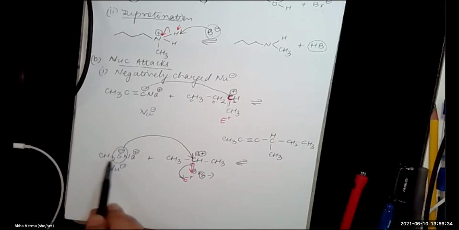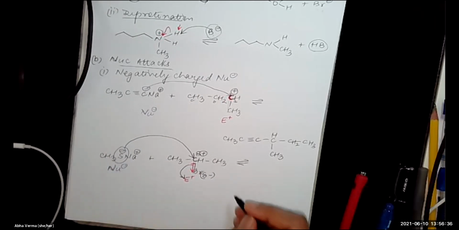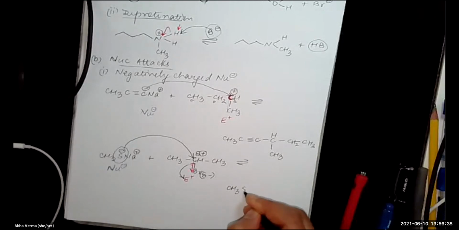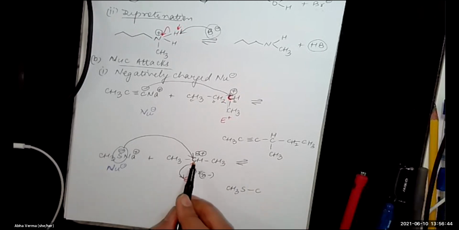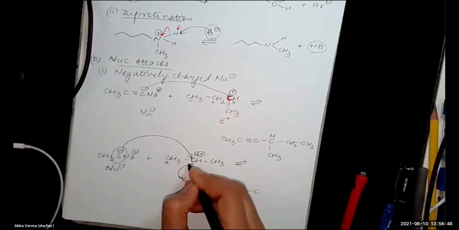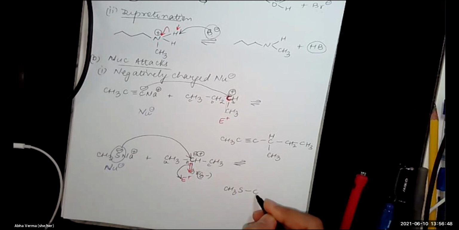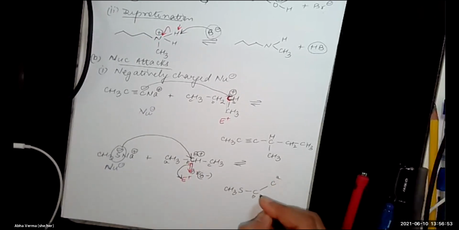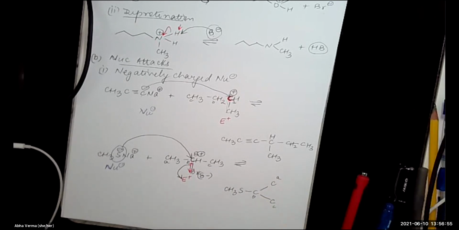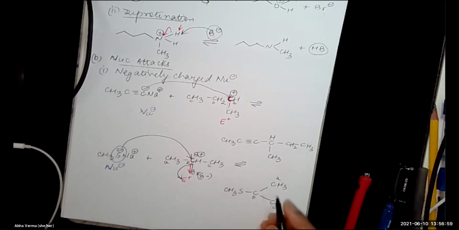How will I write this out? I will first write my CH3S, followed by this carbon. What does this carbon have? It is A, B, C. So this is my carbon B. Carbon A has all the CH3s, carbon C has all the CH3s, carbon B has its hydrogen.